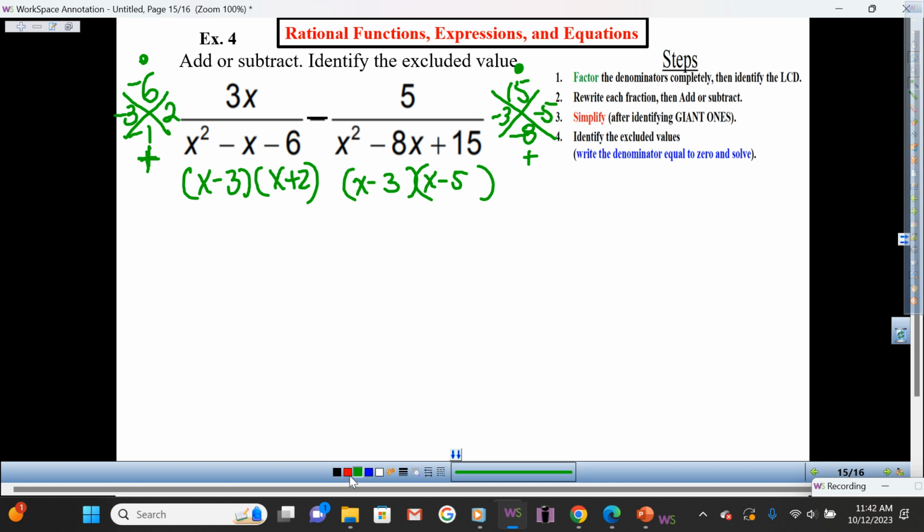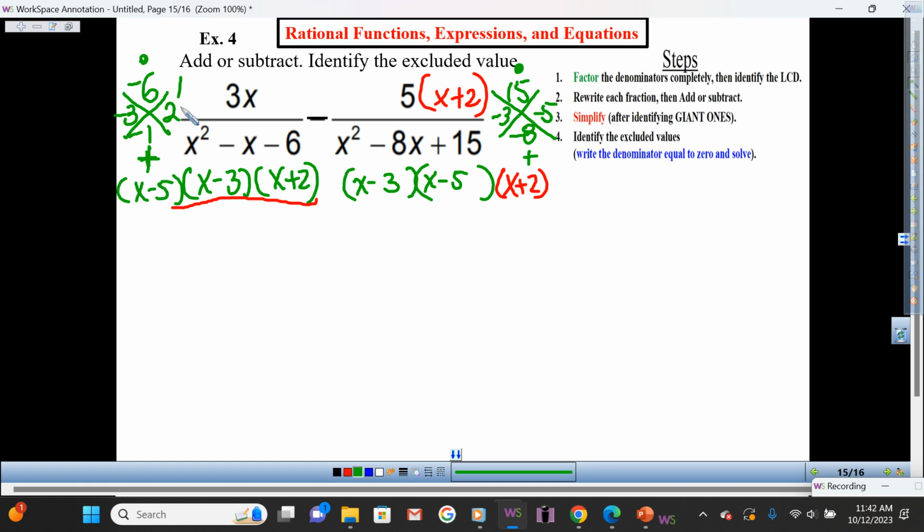Okay. Question. What does the first denominator have that the second denominator needs? Look at it, guys. What does this one have that this one needs? X plus 2. We do that times numerator and denominator. So, with that same idea, what does the second denominator have now that the first one needs? x minus 5.